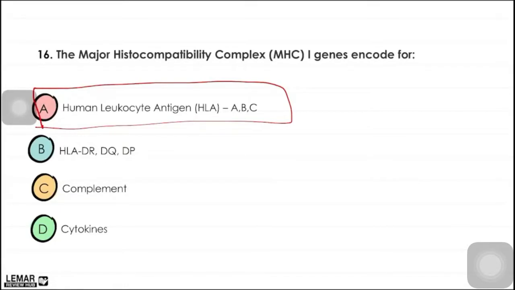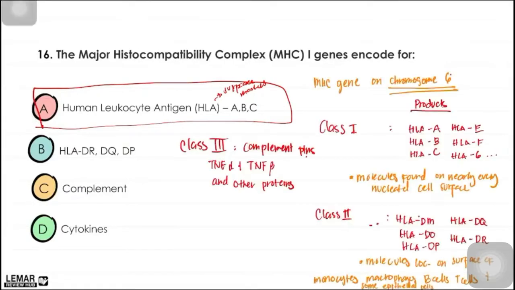So remember that your human leukocyte antigens are cell surface markers. These markers allow the differentiation of self from non-self. These antigens were first described among WBCs and are coded by the genes in the MHC. This MHC gene is located on chromosome 6.